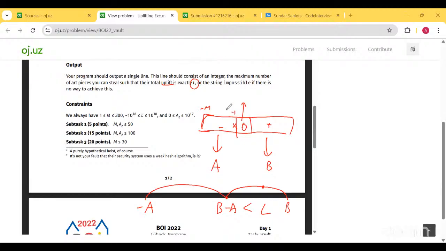How do you think? We want to maximize the number of pieces. And unfortunately, we need to remove some pieces to make the total uplift exactly L. So which one we will remove? Start from -m or start from -1?